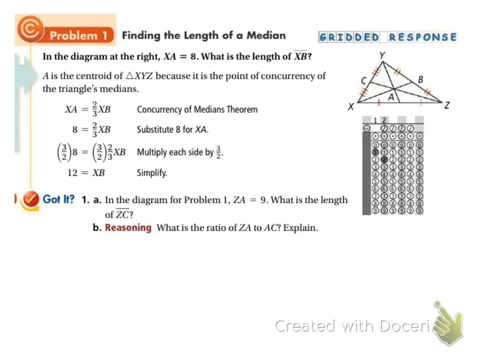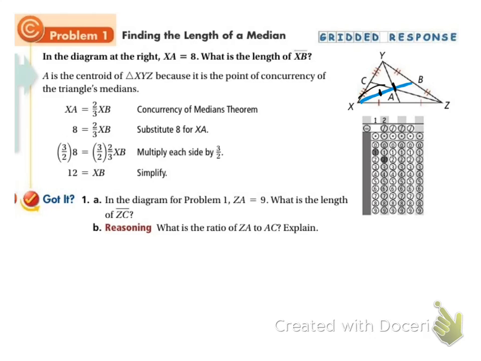So, finding the length of a median. Let's look at their problem first. It says, in the diagram at right, XA is 8. So remember, you can picture this as thirds. Let me draw it out. Split it up into thirds. So, there and there.